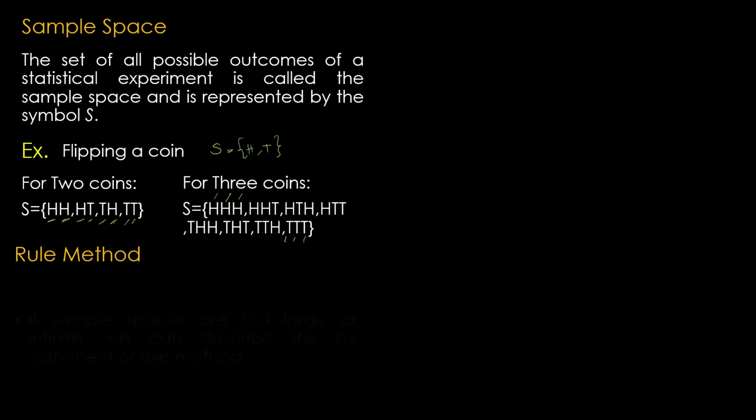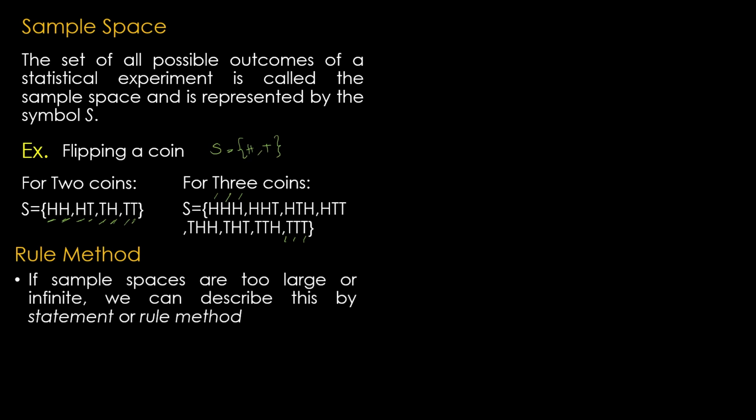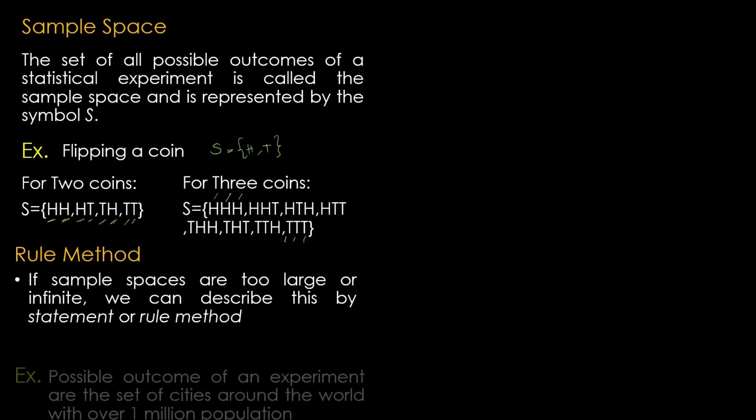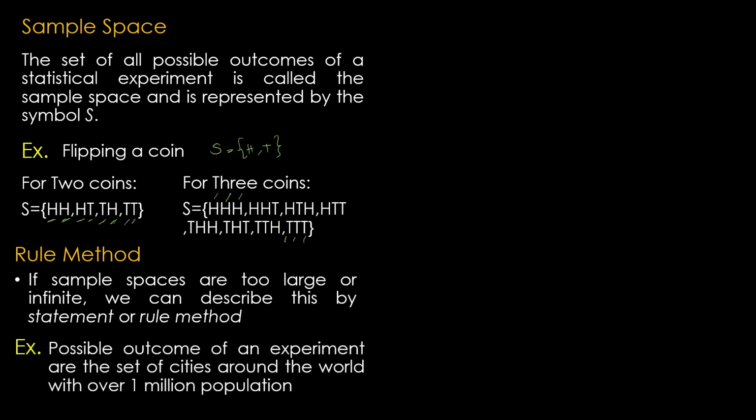So the rule method: if a sample space is too large or infinite, we describe it by a statement or rule method. For example, what is the possible outcome of an experiment with the set of cities around the world with over 1 million population?